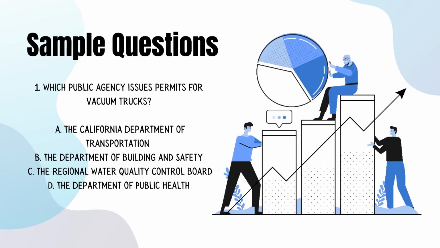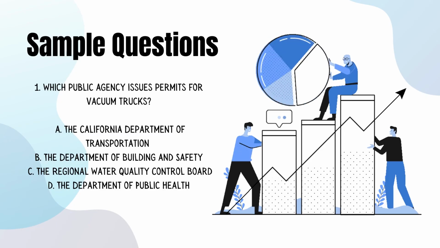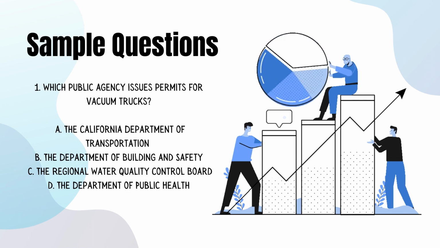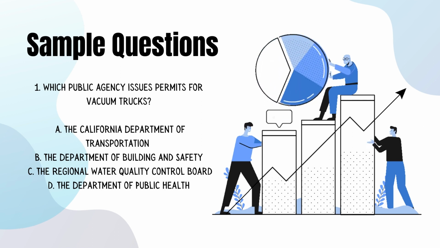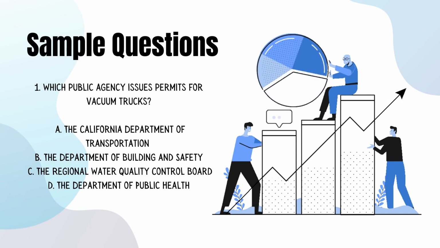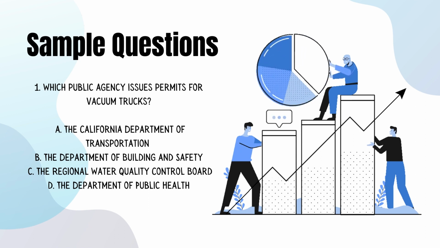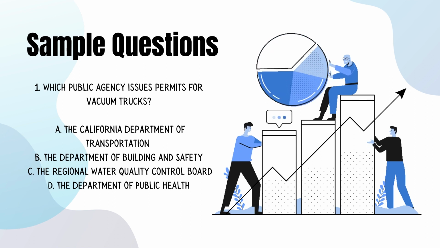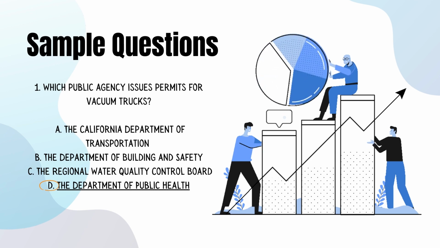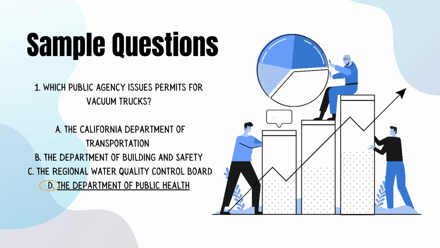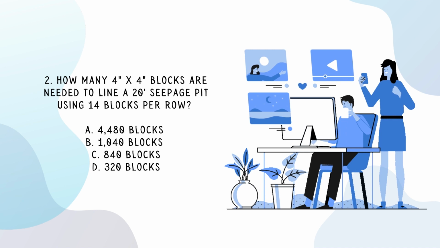Let's take a look at some sample questions you might encounter on the Sanitation Systems exam. Which public agency issues permits for vacuum trucks? D, the Department of Public Health. How many 4-inch by 4-inch blocks are needed to line a 20-foot seepage pit using 14 blocks per row?